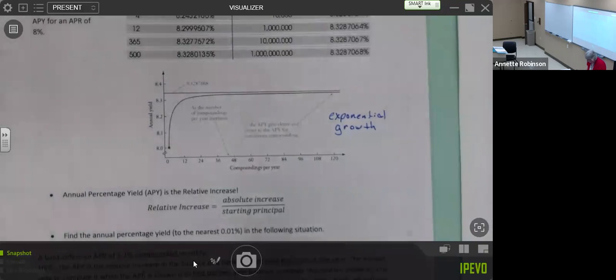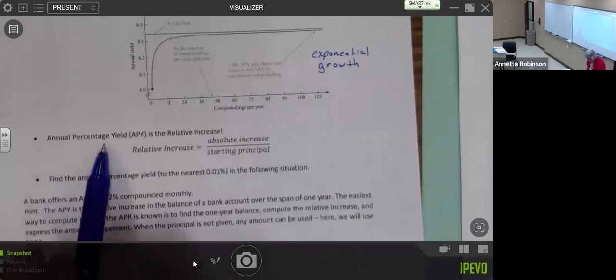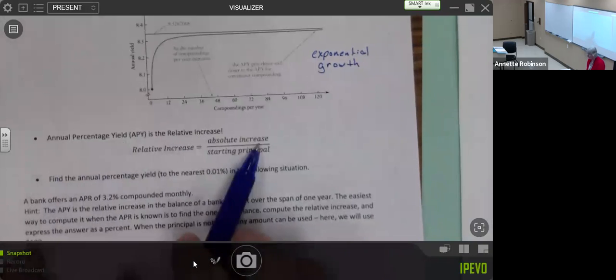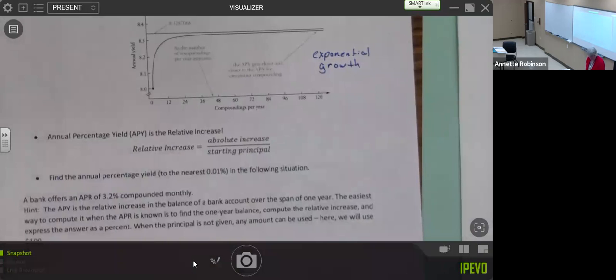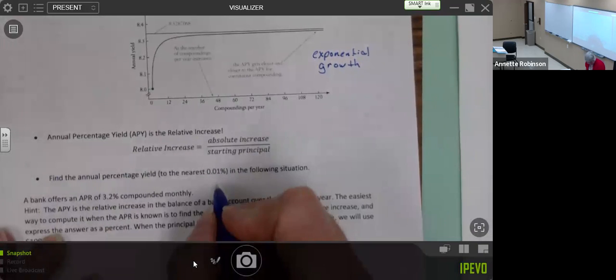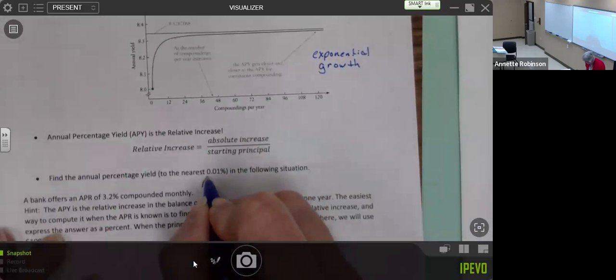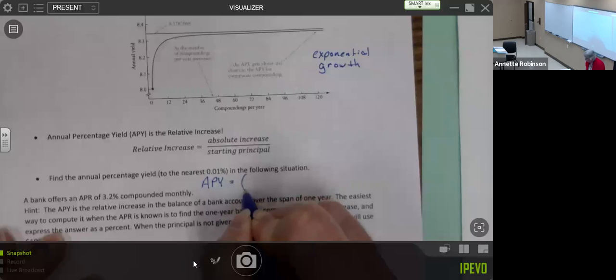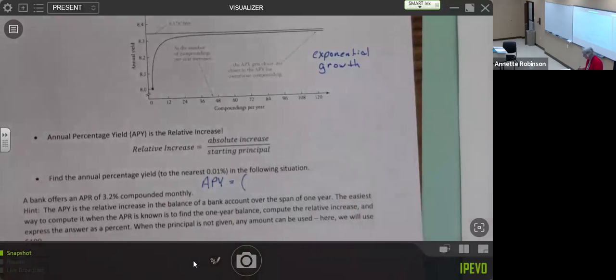Now, right here it tells you that the annual percentage yield is a relative increase. And they remind you how we did it, relative increase. What they don't really tell you is the best formula for finding this annual percentage yield. The best formula is to take the interest formula we just talked about.